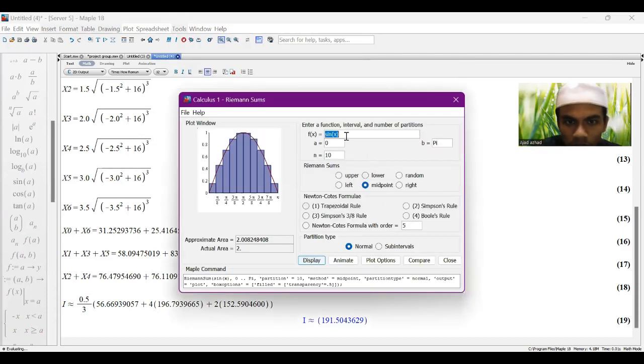And just change it just like in the equation, which is x square root, x, square root of 16 minus x squared, power of 3.